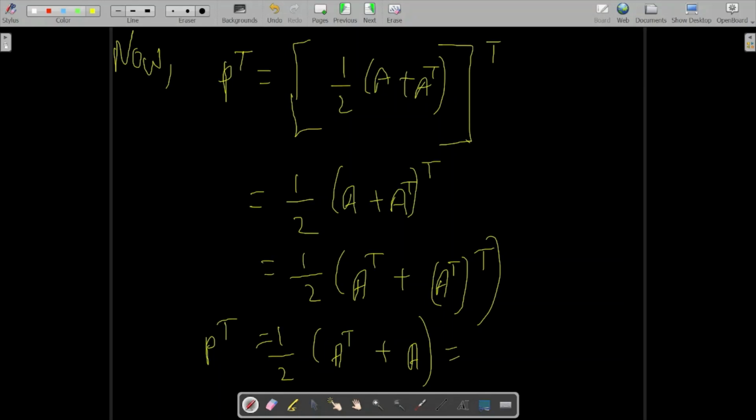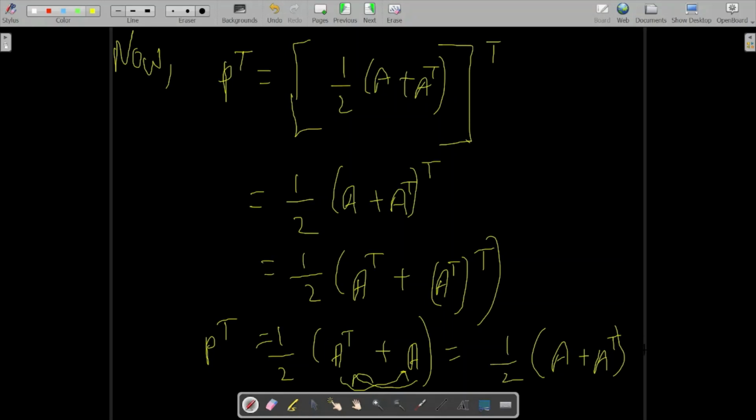Now if you rearrange the terms, what does it look like? Half of A plus A transpose. You simply wrote this over here and this over here, nothing else, and since addition is commutative, you wrote it like that.